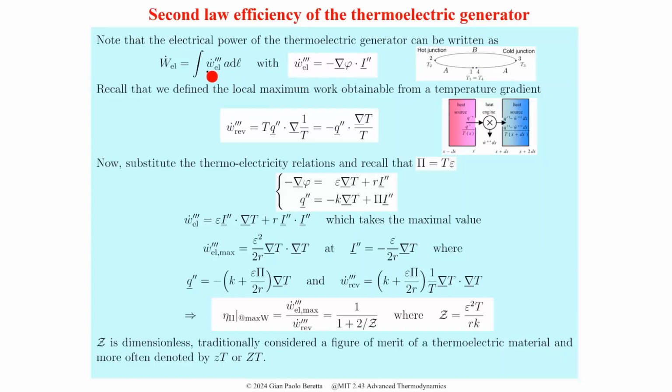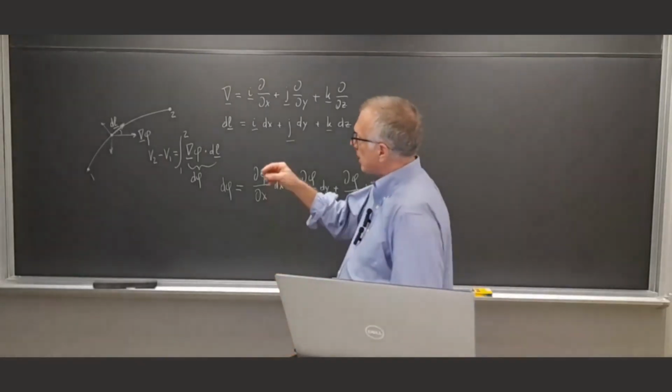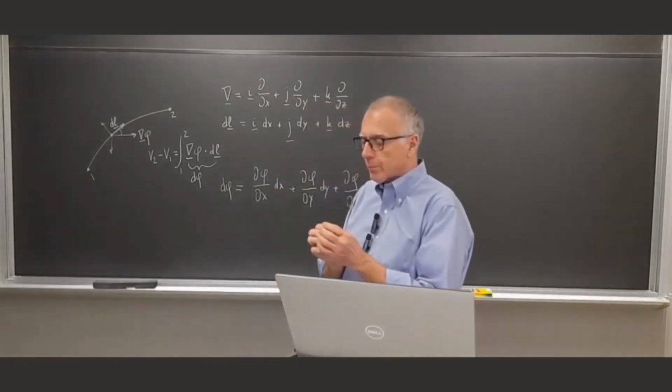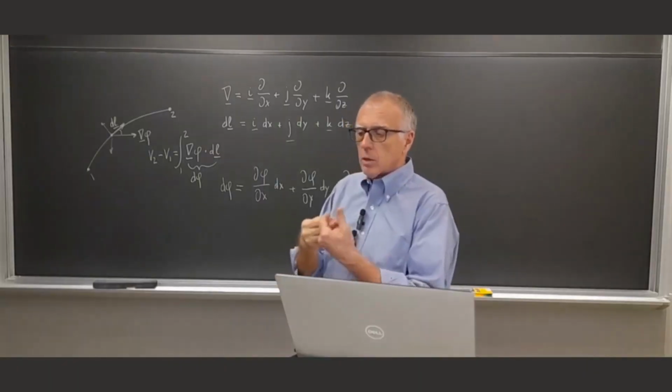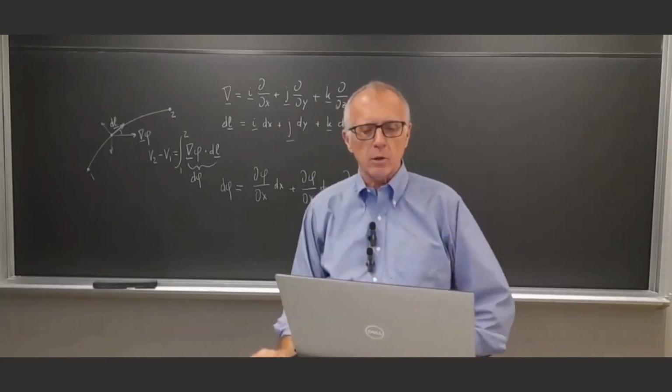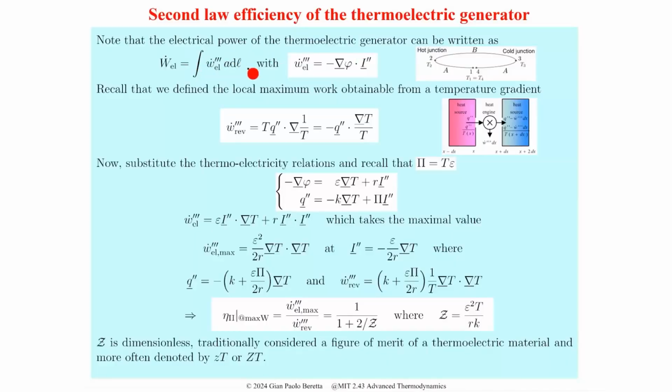If you accept that you can rewrite the power of the thermoelectric generator that we developed in the previous slides as an integral of what happens locally, as if everywhere in the wire there is a local contribution to the overall effect, then you integrate that local contribution over the entire distance and you get the overall effect.